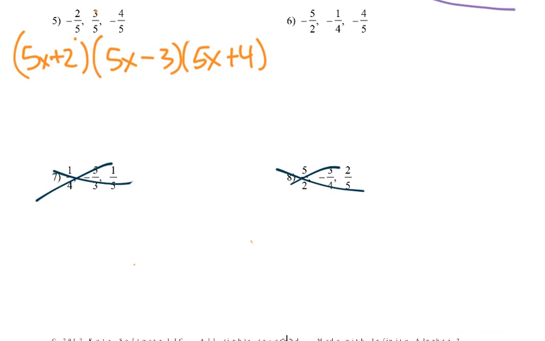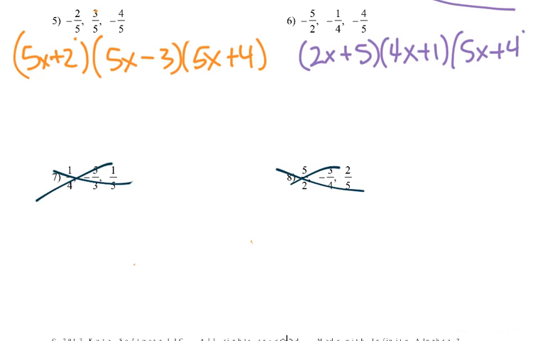Same with number 6. Negative 5 over 2 would be 2x plus 5. Negative 1 over 4 would be 4x plus 1. And negative 4 over 5 would be 5x plus 4. So the denominator multiplies by the x, and then we add or subtract the numerator like normal.